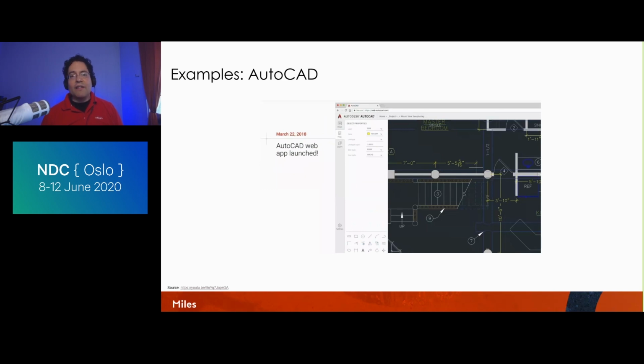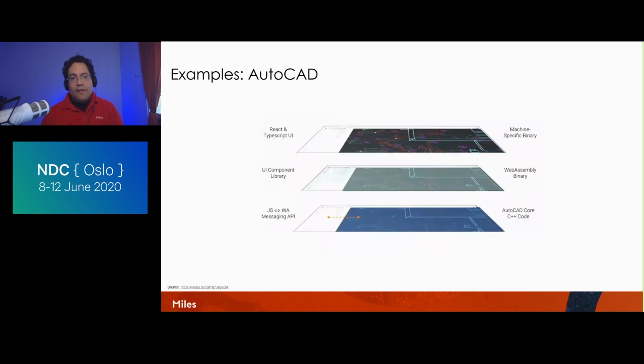So the interesting thing with this is how this application has been structured. Basically, you have on top some normal web technologies like React and TypeScript, and then you have UI component libraries, and then you have this WebAssembly binary, and this will call down to the AutoCAD core library, which is this C++ code.